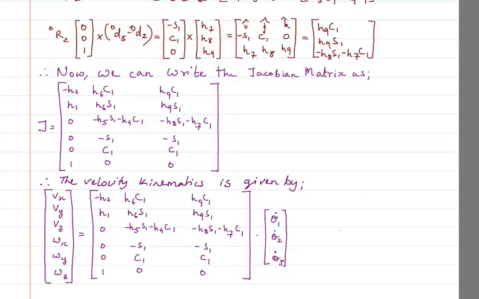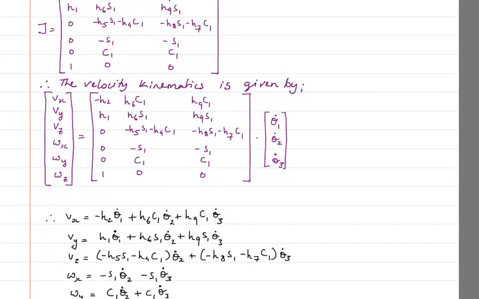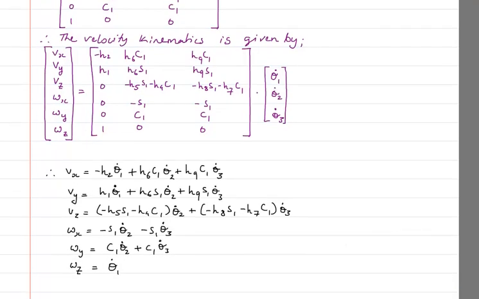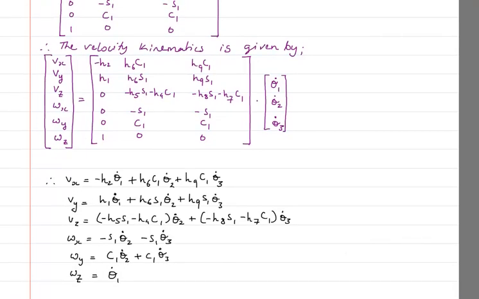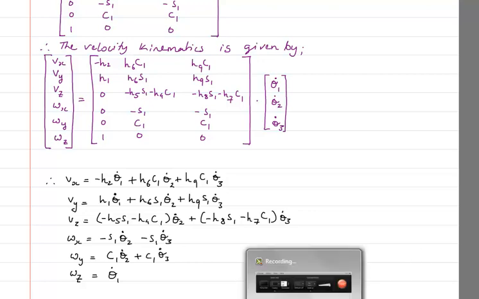You all know how to do matrix multiplication. Based on it we will get each and every value of Vx, Vy, Vz as these values. You can try it on your own and check them, and you will get the answer. So this is how we find the velocity kinematics for an articulated manipulator. Thank you.